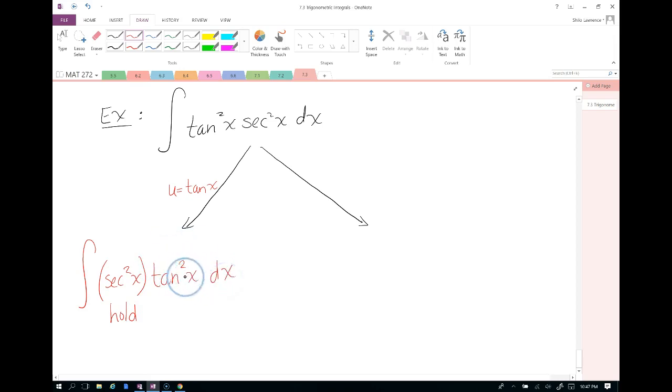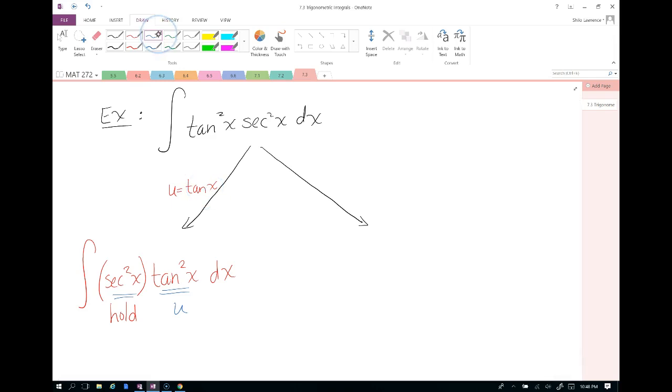That way I could do a u substitution for tangent, and the du would cancel off the secant squared. So this one works out perfectly that way. We're going to do a u substitution for tangent. We're just holding on to that secant squared, and it will be canceled out later when we bring back in the du, because we have to keep in mind the derivative for tangent is secant squared.